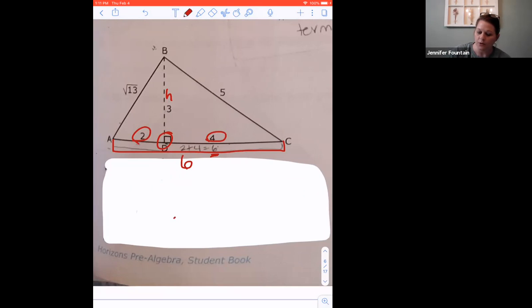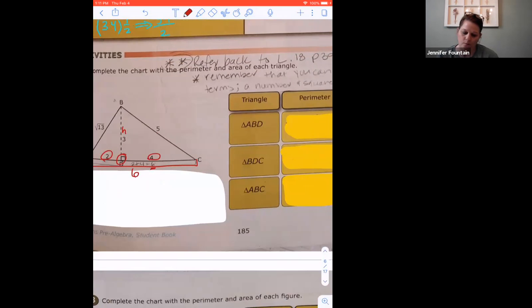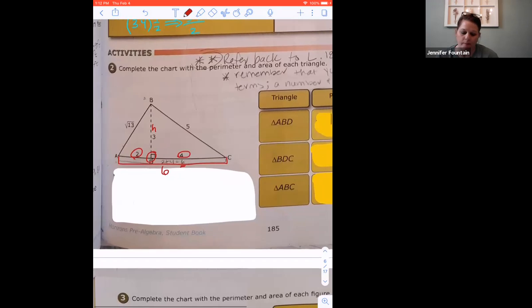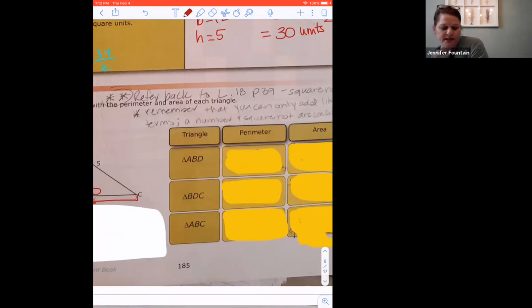But now we've got to look at this. All right, so we've got our chart to tell us something. But I have a note here that says refer back to lesson 18 on page 39. Let's do that for just a minute. Let's flip back to page 39 in your workbook.